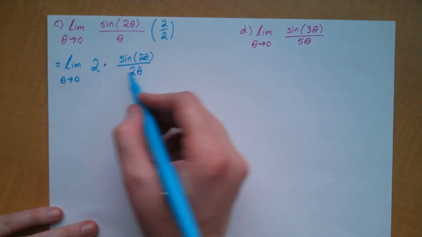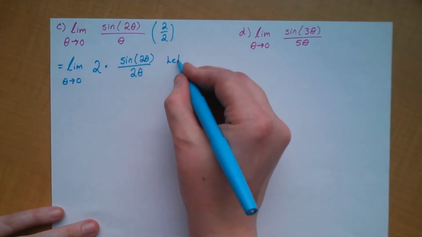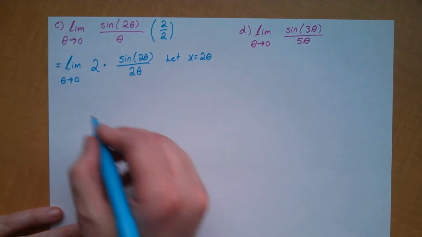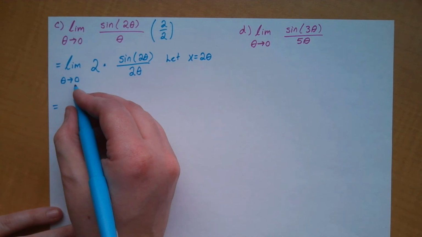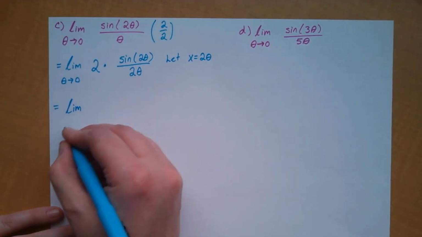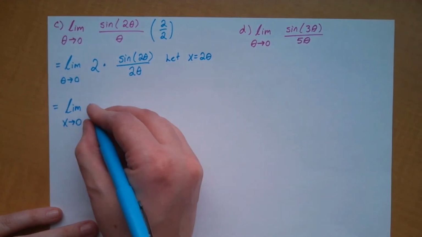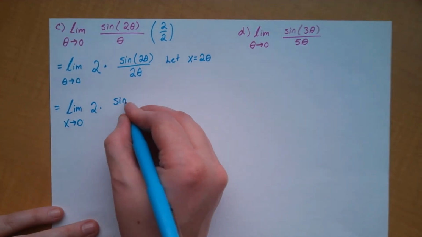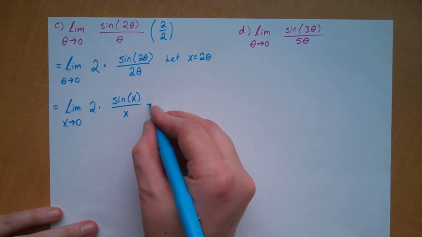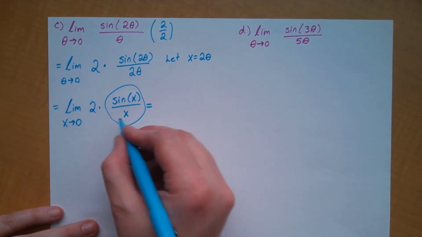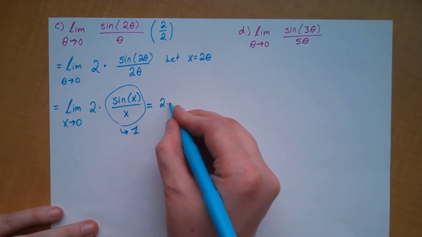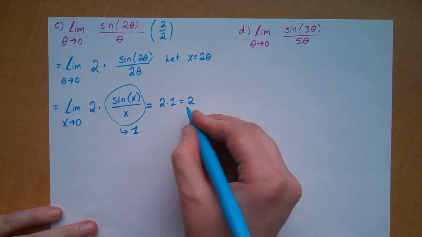Now I can rewrite this and say, let x equal 2 theta. Well, that means as theta approaches 0, x will also approach 0. So this will be the limit as x approaches 0 of 2 times sine of x over x. Well, I know that this is going to go to 1, so the limit would be 2 times 1, which gives me 2.